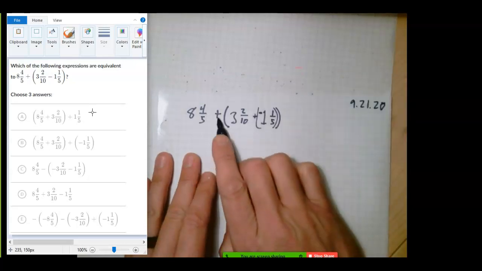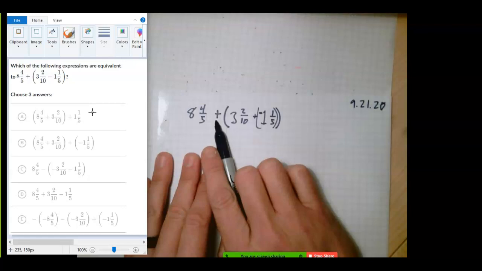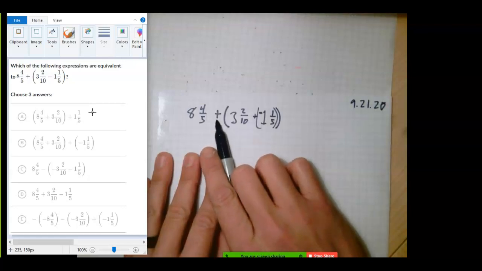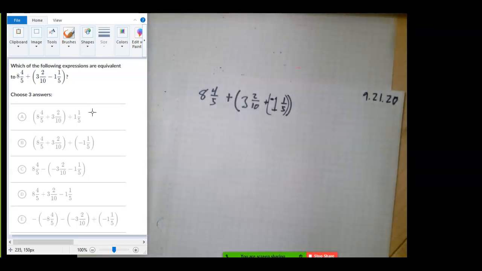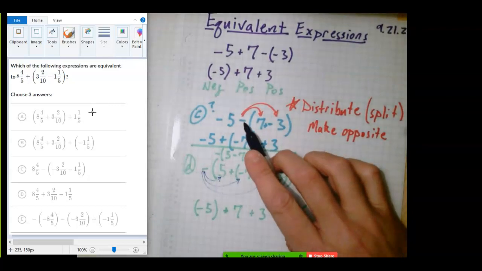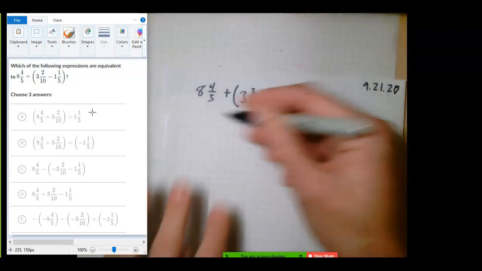So this plus on the outside of the parentheses doesn't do anything. A plus on the outside says keep everything the same. So different than when the negative on the outside distributes and flips everything to the opposite that it was, the plus on the outside keeps things.